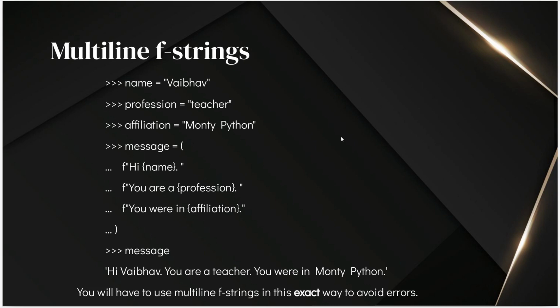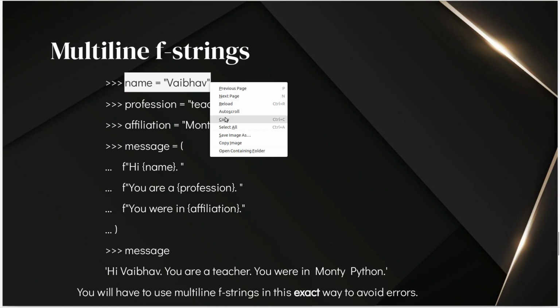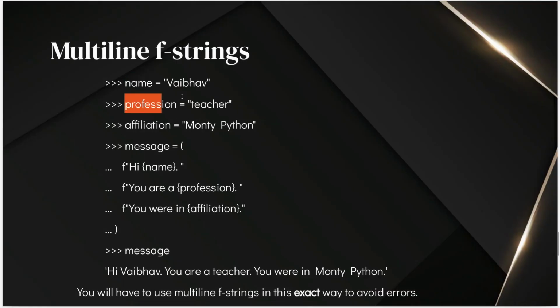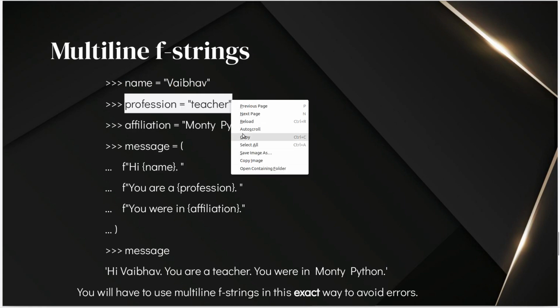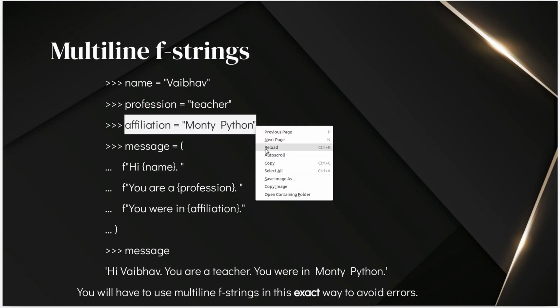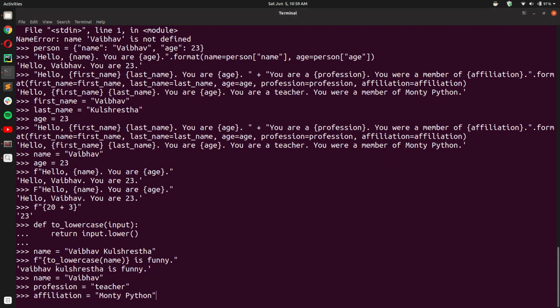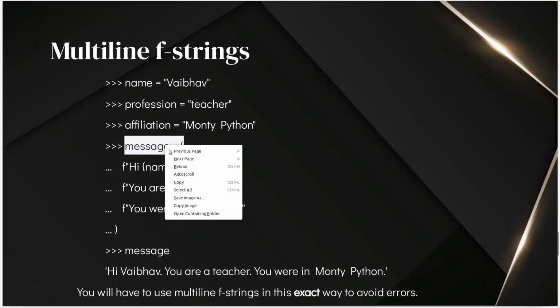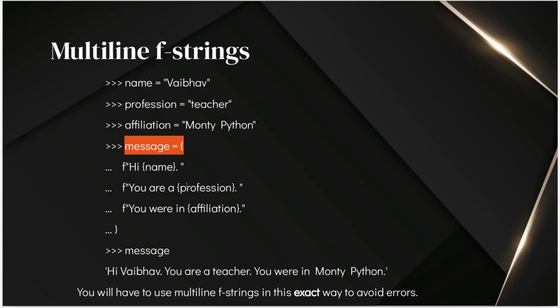But if you want to use f strings in multi-line strings, then you have to be a little careful. Let us say we have three variables: name, profession, and affiliation, affiliated to Monty Python, obviously. Now we want a multi-line f string.